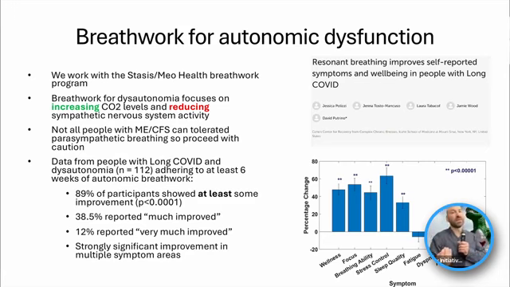The goal of this breathing was to increase carbon dioxide levels and reduce sympathetic nervous system activity, because we had previously published that folks with long COVID and other IACCs typically have low levels of end tidal carbon dioxide. And so this breath work helps to increase their carbon dioxide levels. And what we saw in 112 patients was people self-reported significant improvement when they engaged in the breathwork program.